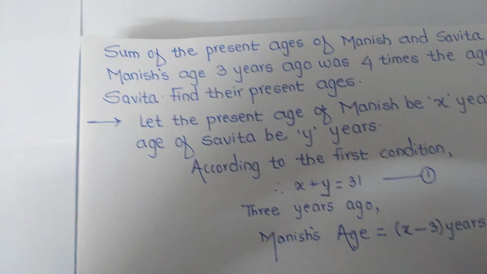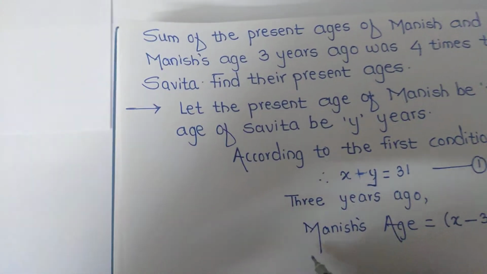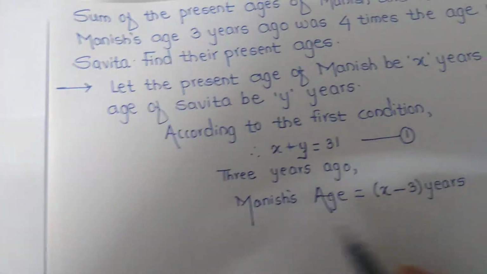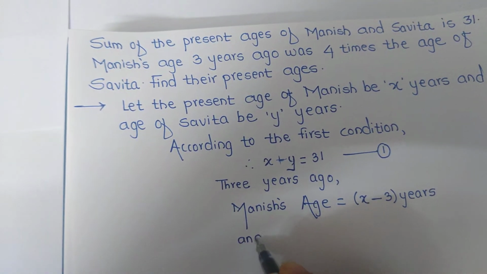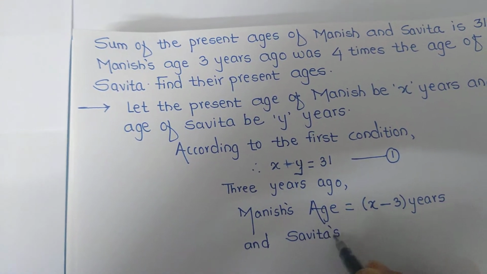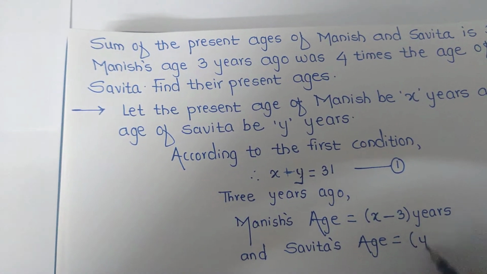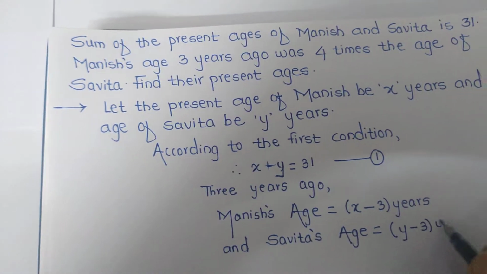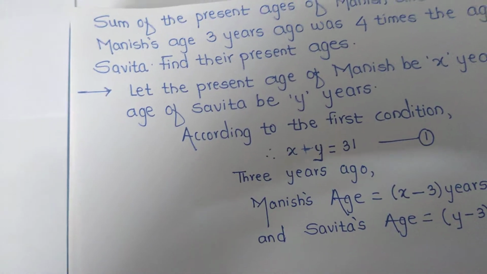Ago, that is before. So from present age, we are subtracting 3. So Manish's age 3 years ago was x minus 3. And Savita's age, from present age of Savita, which we have considered y, we have to subtract 3. This is Savita's age 3 years before.